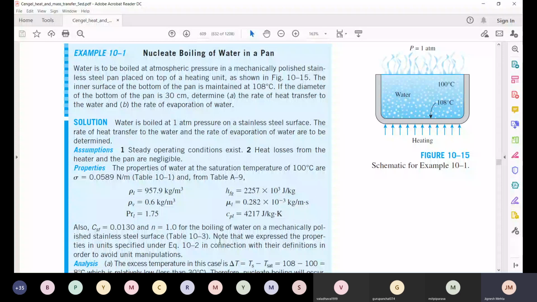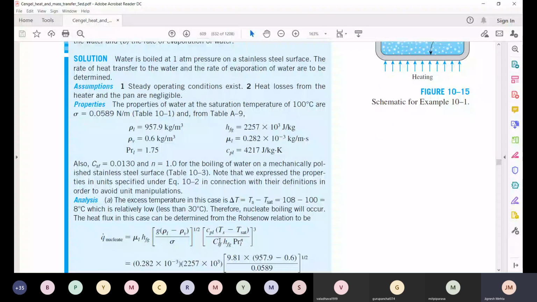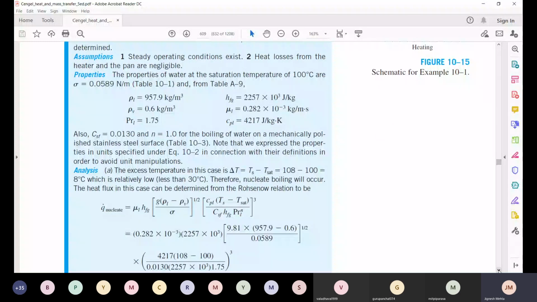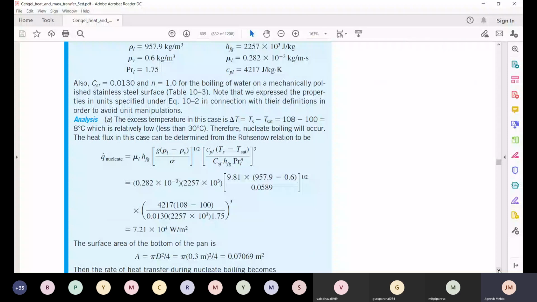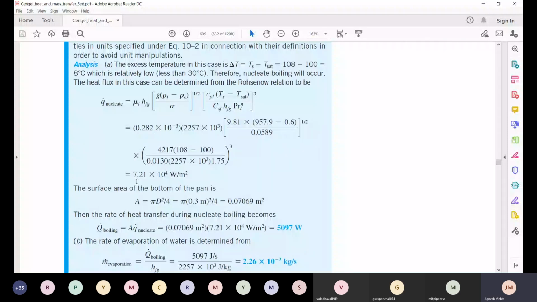Now you can just put the values in the correlation, and with the right calculation, you should be able to get the right answer. Okay, so heat flux is found to be 7.21 into 10 raised to 4, or 72.1 kilowatt per meter square.